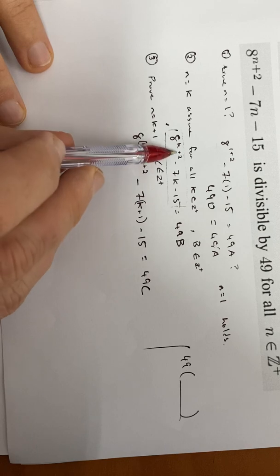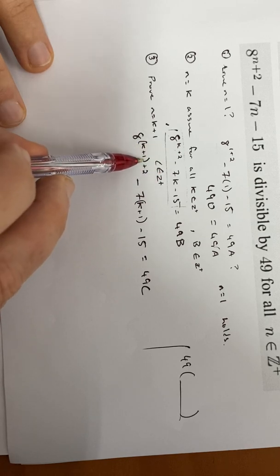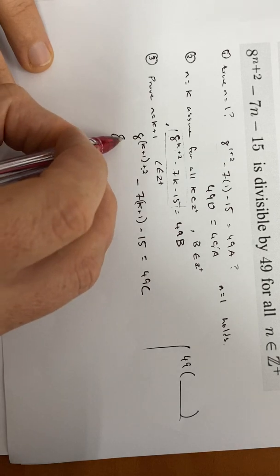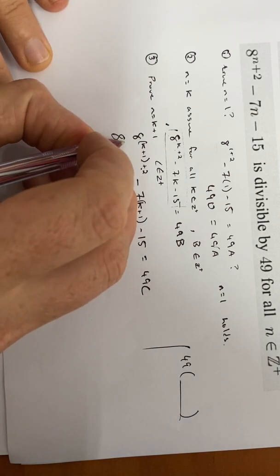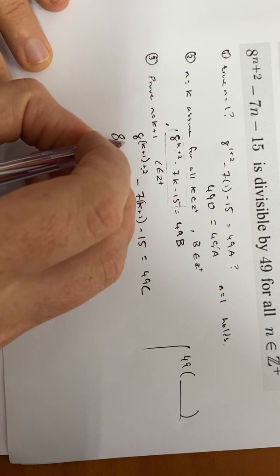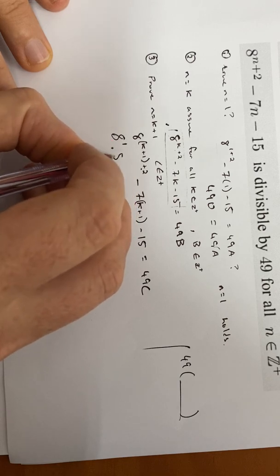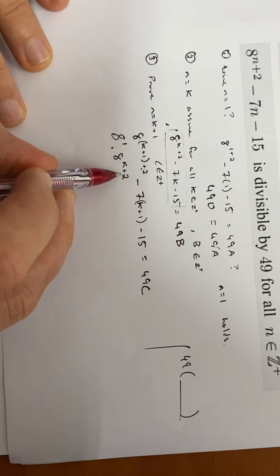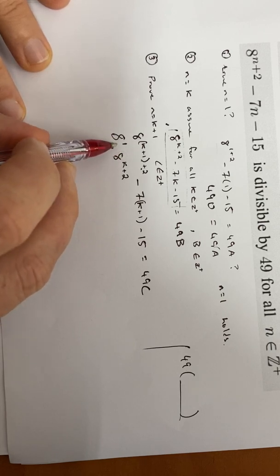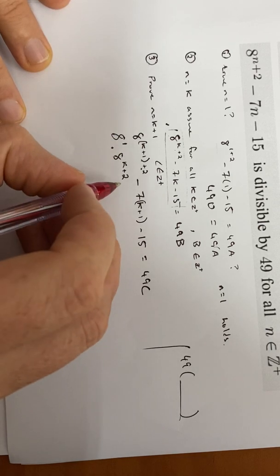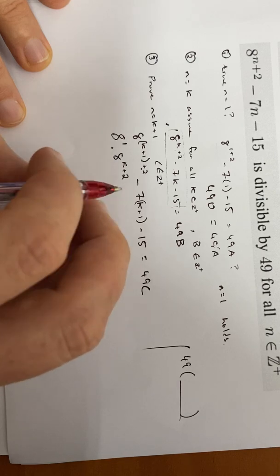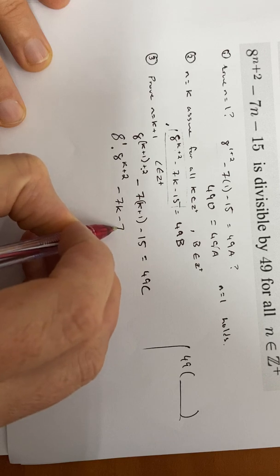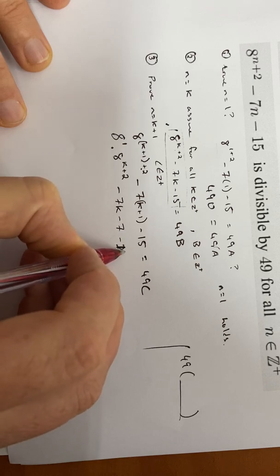All right, I need a k plus 2. Now I have a k plus 1 plus 2. Well, that's like saying 8 to the 1 times 8 to the k plus 2, because you would add the powers, wouldn't you? Well, let's multiply this out, and that's 7k minus 7 minus 15.